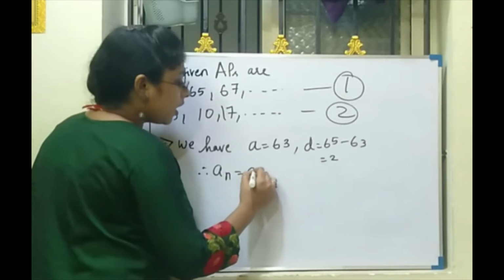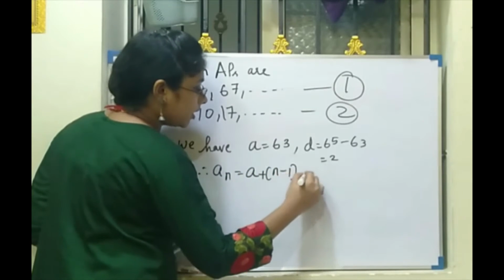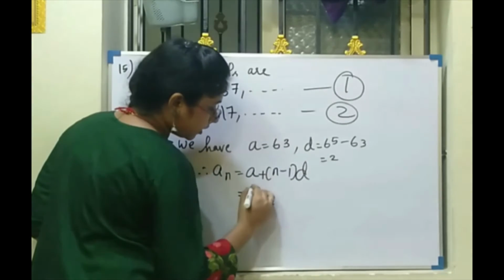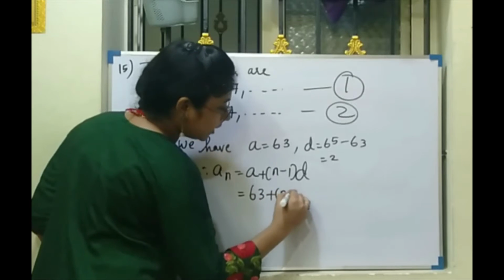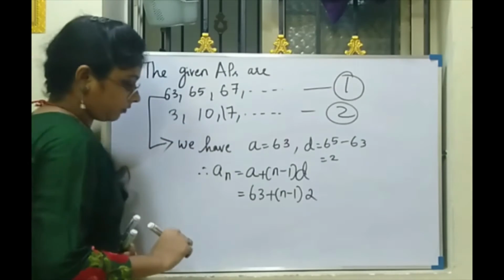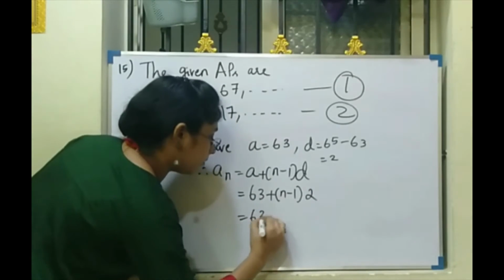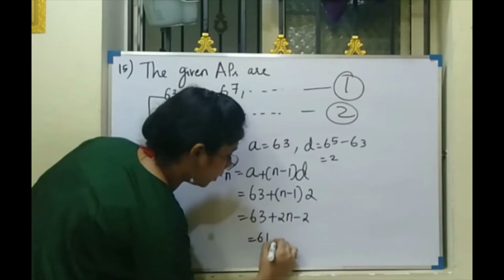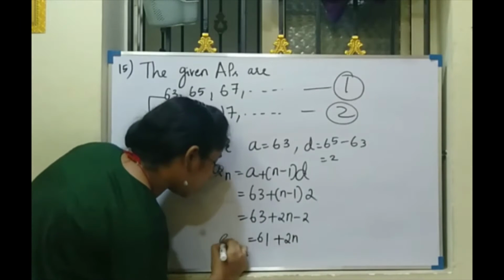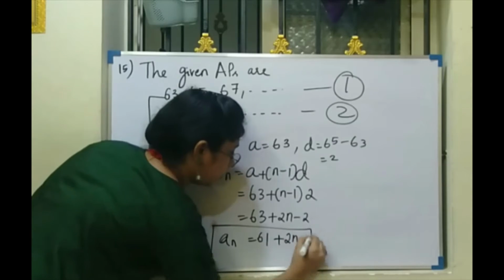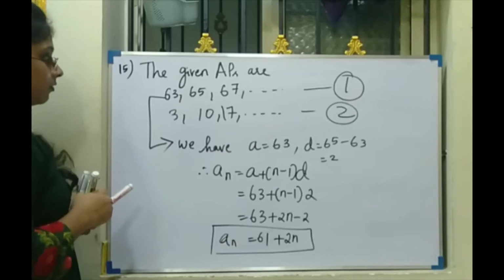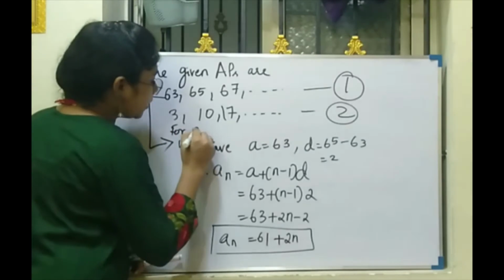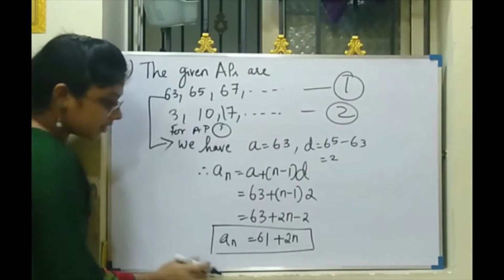An is equal to a plus n minus 1 into d, so 63 plus n minus 1 into 2. By solving this, 2n minus 2 plus 63 gives 2n plus 61. This is the equation we formed for AP1.